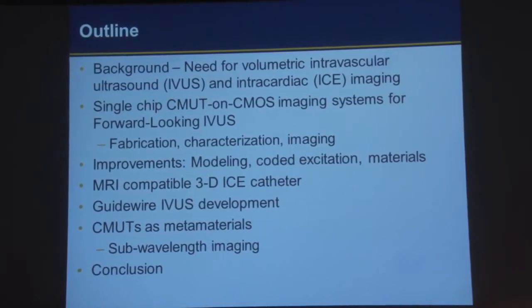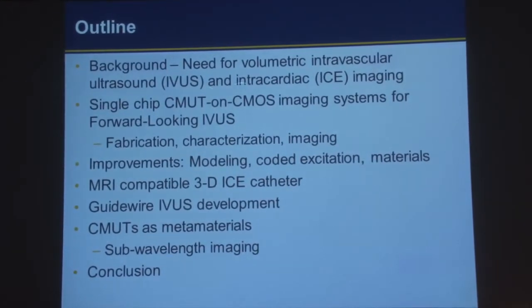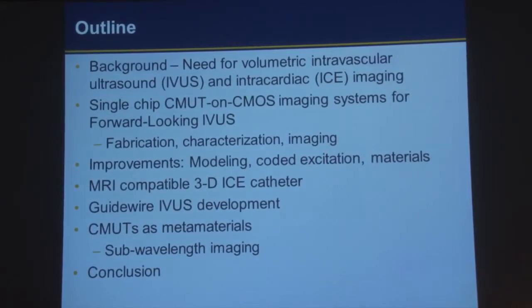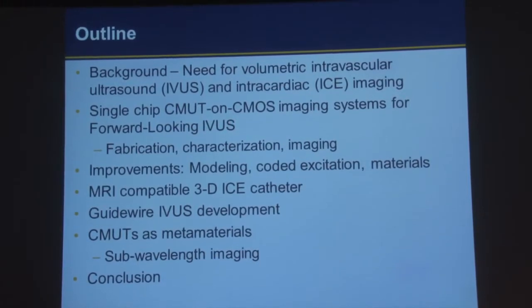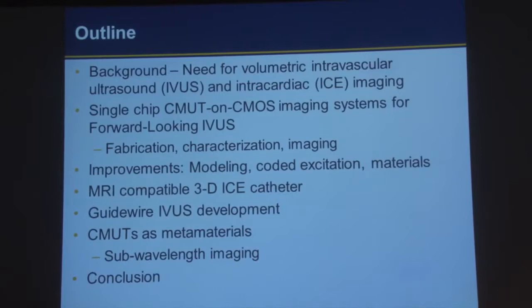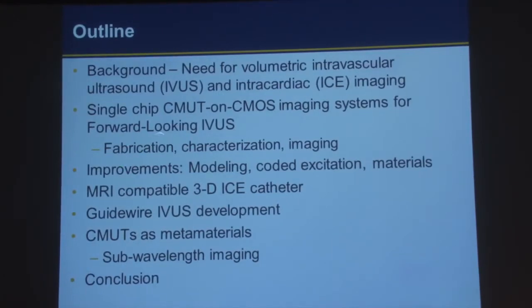So quickly, since I'll actually cover many topics, I just want to give you a map a little bit. First, the need for intravascular and intracardiac echo imaging. Then how we fabricate these single chip CMOS on CMOS imaging systems for forward-looking IVUS: the fabrication, characterization, and imaging results.